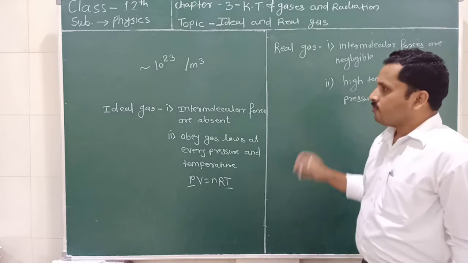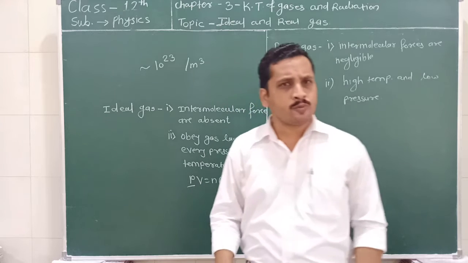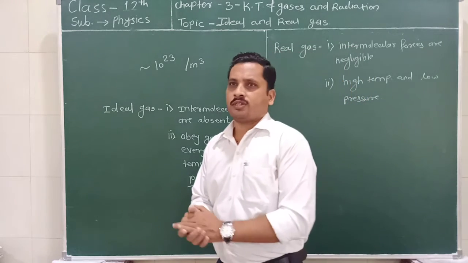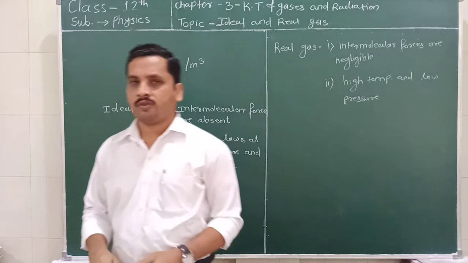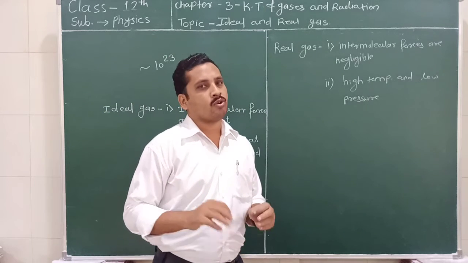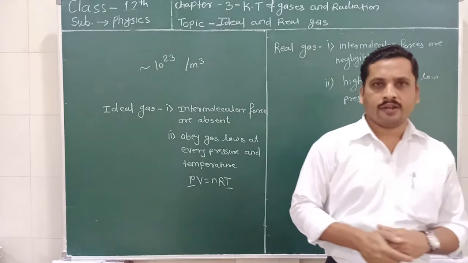Now we are moving towards the next topic, which is the free path. What is free path? We know that when the gas is enclosed in a container, the molecules of the gas are not stationary, they are moving randomly within the container.